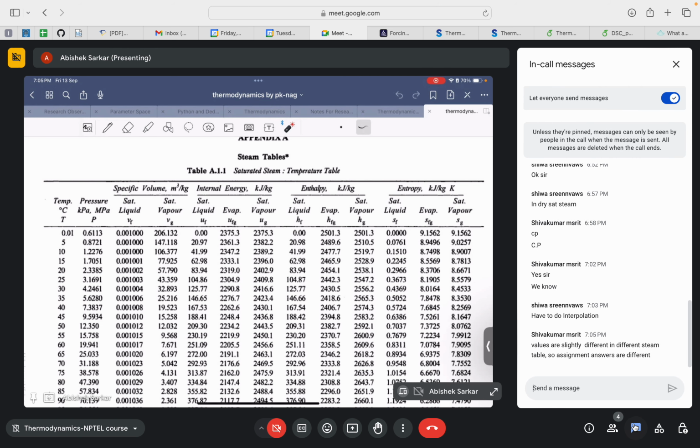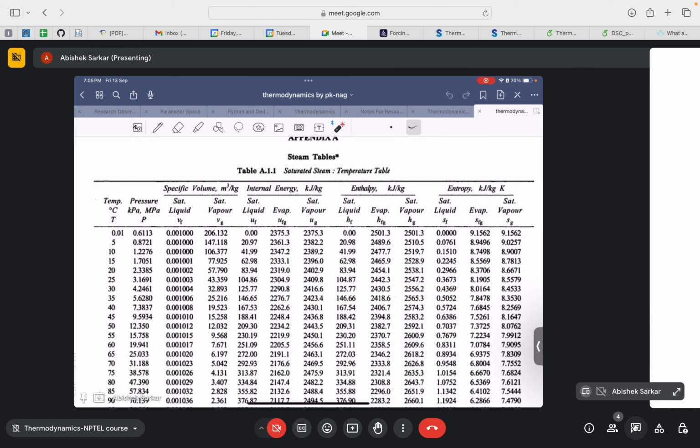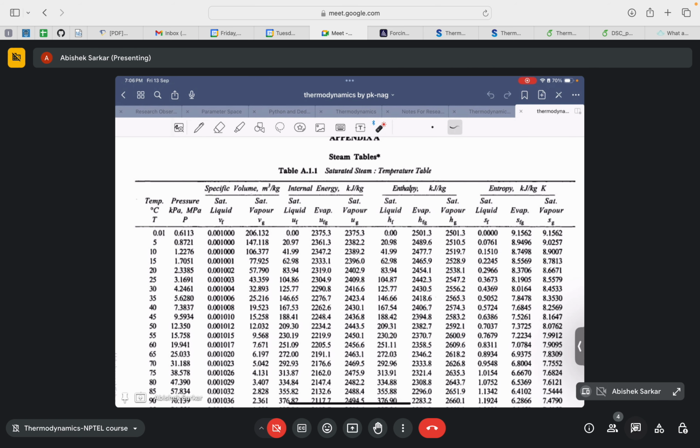Let us see if it is agreeable with the solution, but not in the range. Okay, that's fine. There's nothing we can do about it, because of the limitation of the steam table that we have in hand. I'm sorry. Let us go back to the problem.